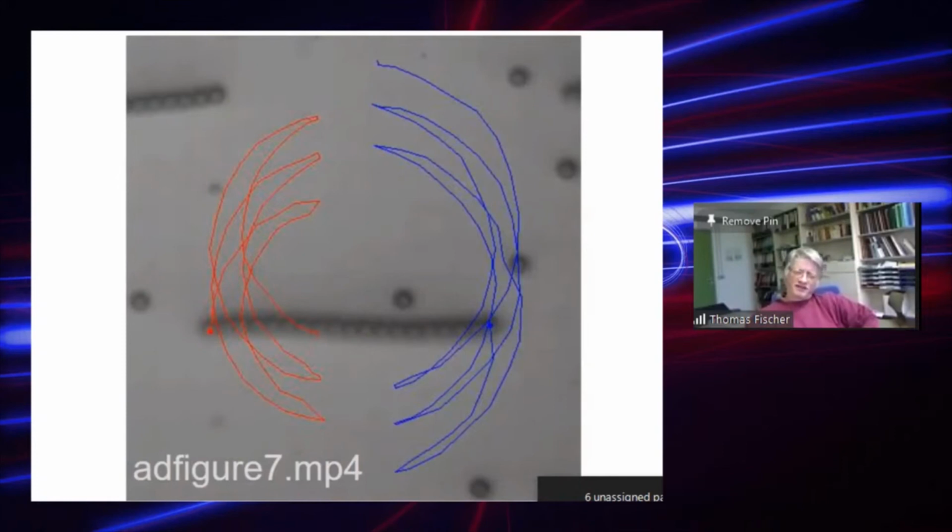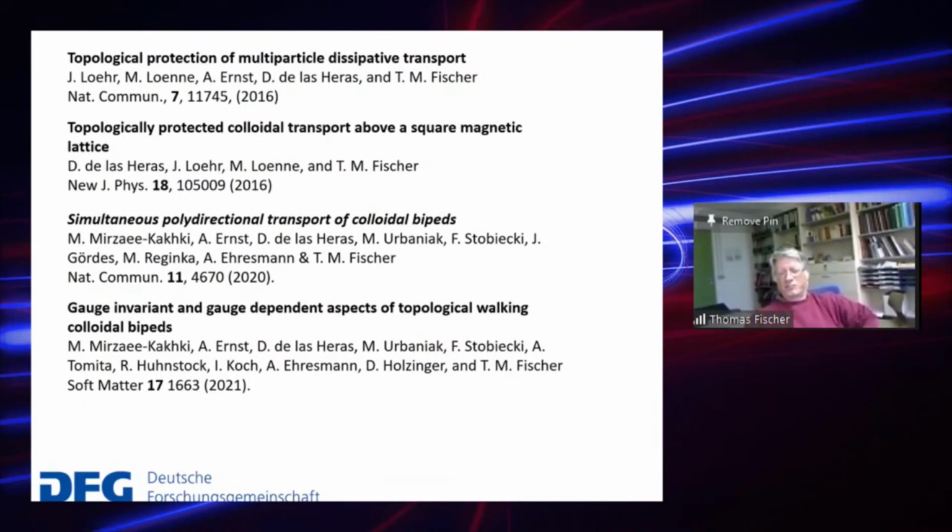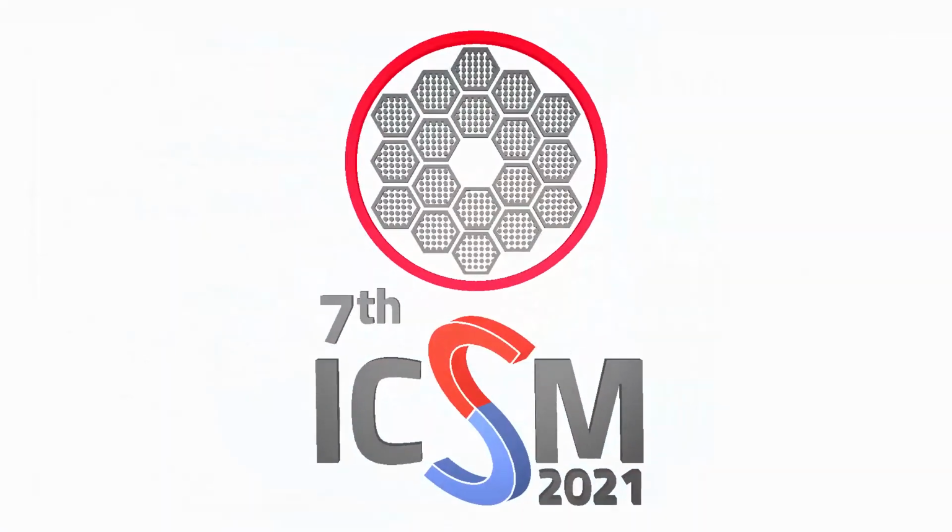So this is a very robust way of transporting particles above periodic lattices. And there's a bunch of papers that you can read if you're interested in the whole thing. And with that, I'm at the end of the talk and I'm open to questions.